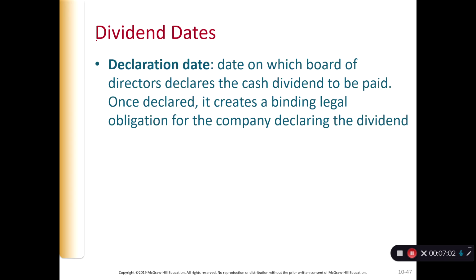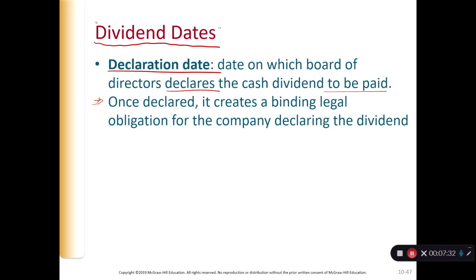So let's go back to talk about the normal companies, which usually do declare dividends, right? So what kind of criteria and how do we declare dividends? For companies that do pay dividends, the date the board of directors announces the next dividend to be paid is known as the declaration date. In other words, the declaration date is the date on which the board of directors declares the cash dividend to be paid.